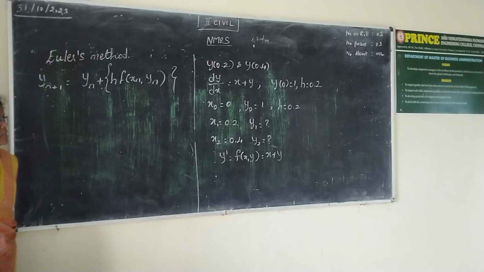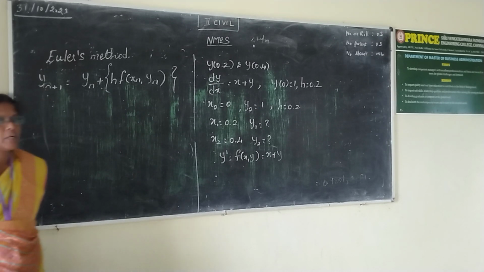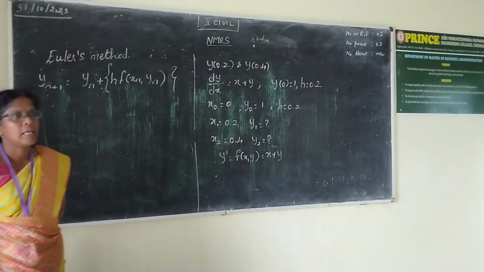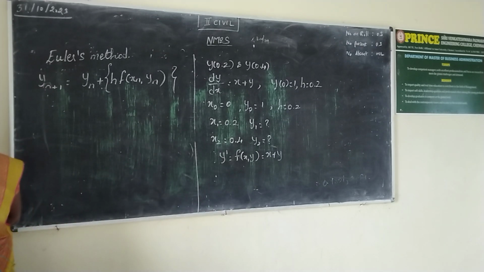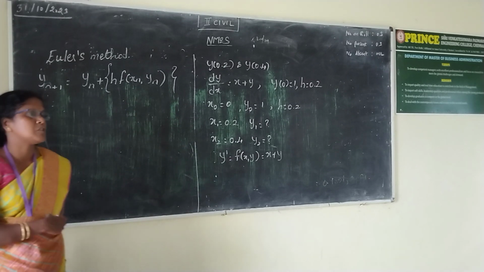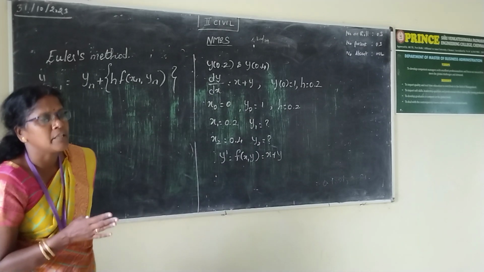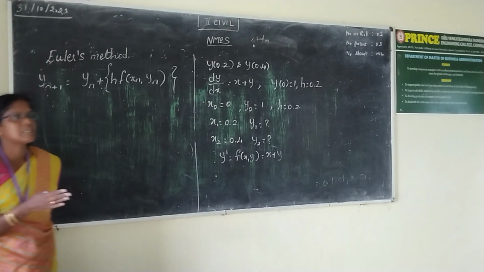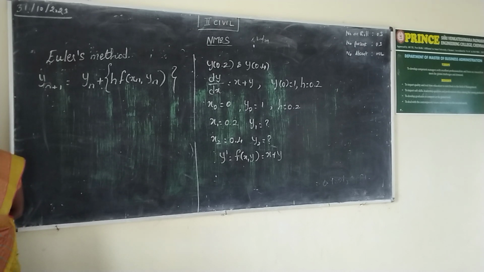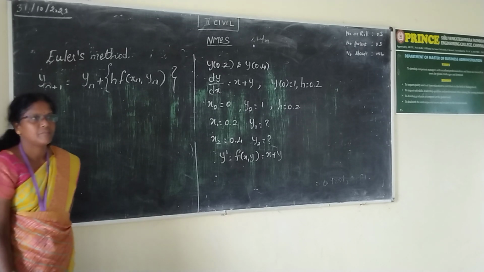By Eulers method, yn plus 1 is equal to yn plus h into f of xn comma yn. In this unit, we are trying to solve differential equations and discussing them by various methods. One method is better than the other, and we have one more improved method also.